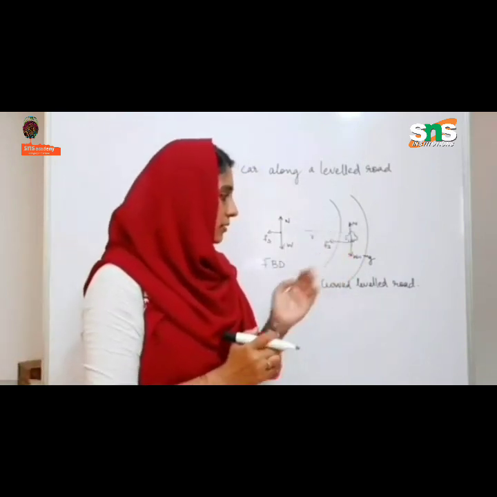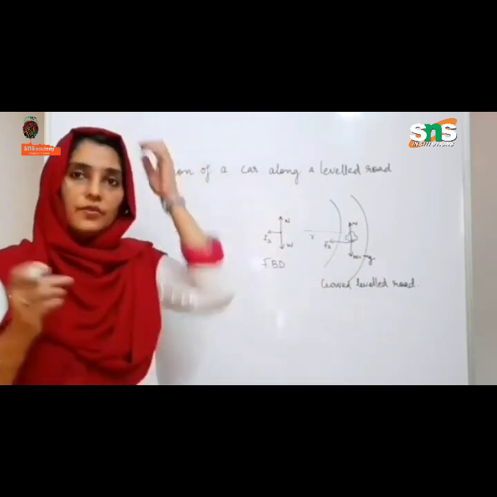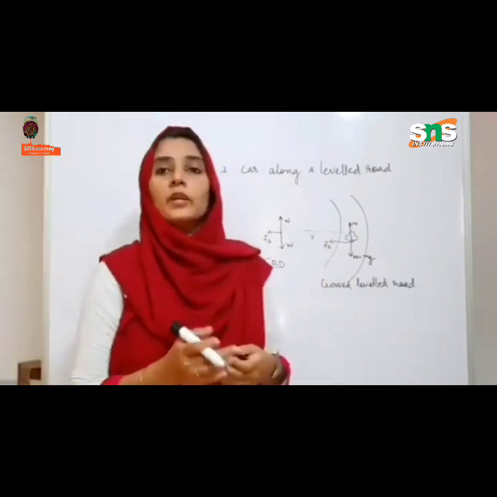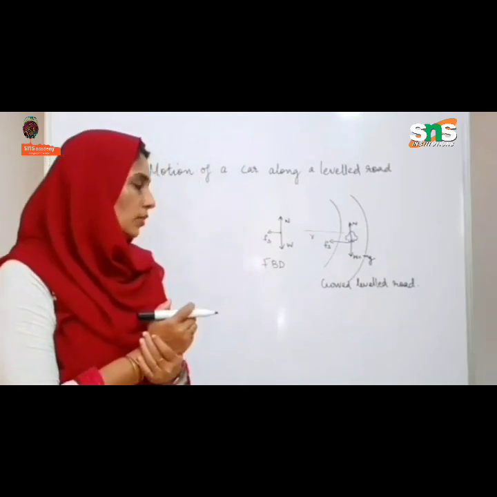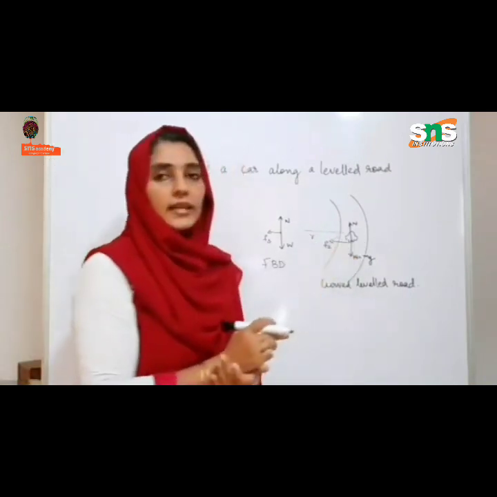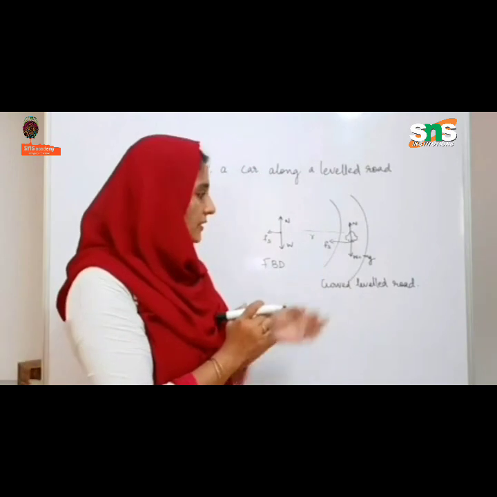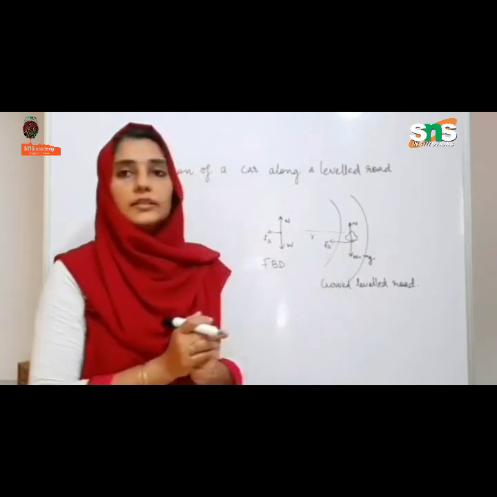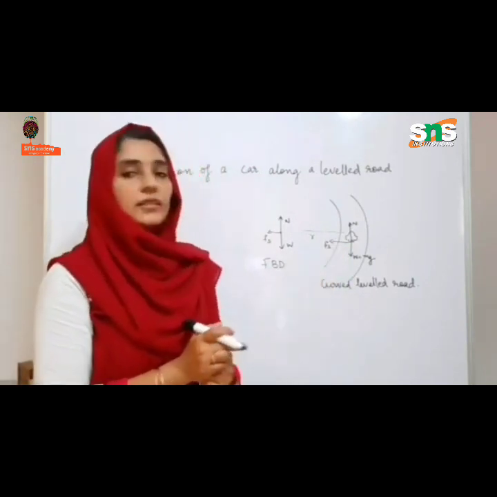And you can also see Fs or F, the frictional force, which tries to keep the car in circular motion. It always acts along the surface, between the tires and the surface of the road.